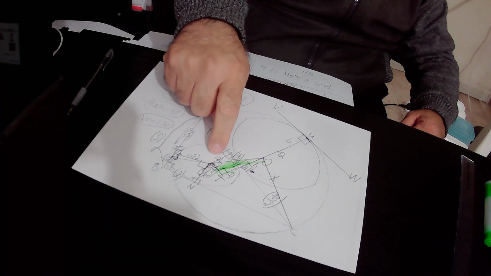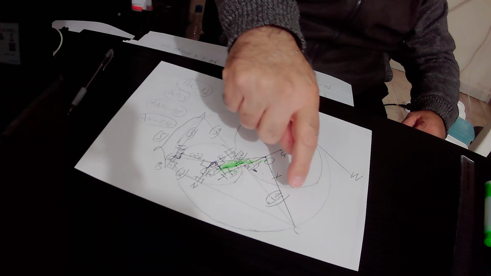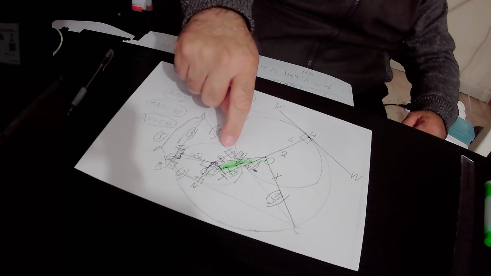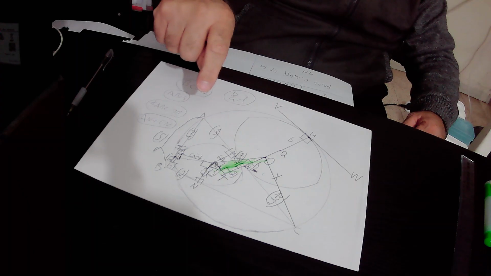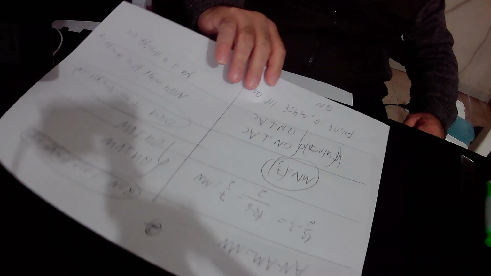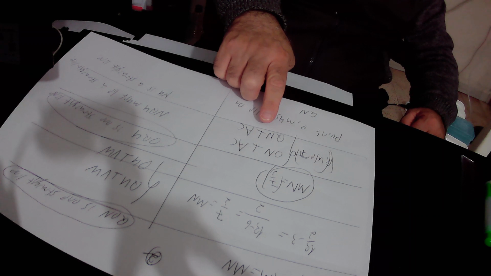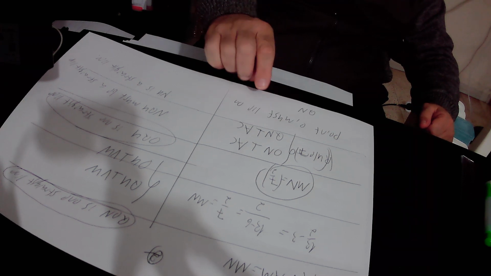That is to say, line segment ON must also be perpendicular to chord AC. That is to say, this angle equals 90 degrees and this angle equals 90 degrees. Okay, so we can write down here that line segment ON is perpendicular to tangent AC.